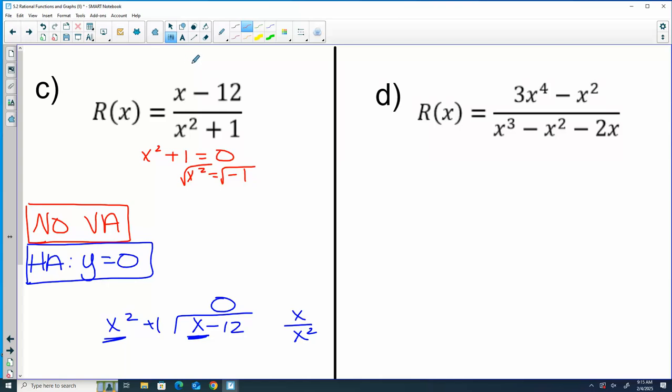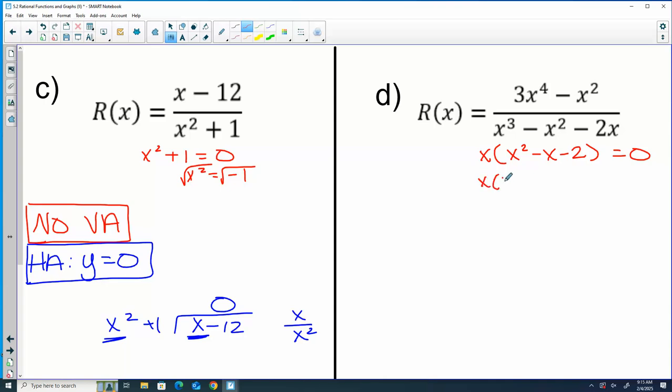D. What do I need to do to find my vertical asymptotes this time? Take out your x. You need to figure out when this is 0.